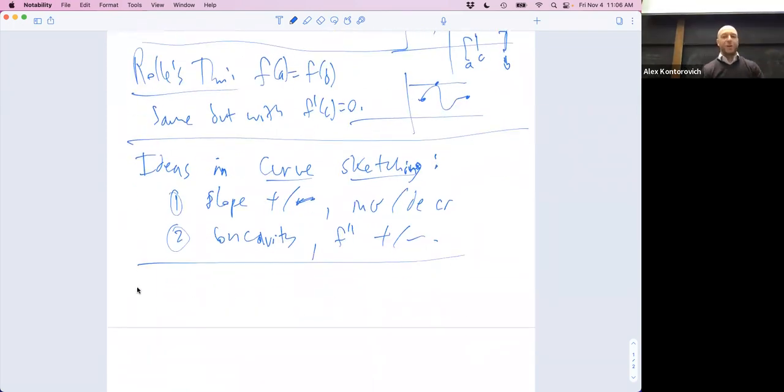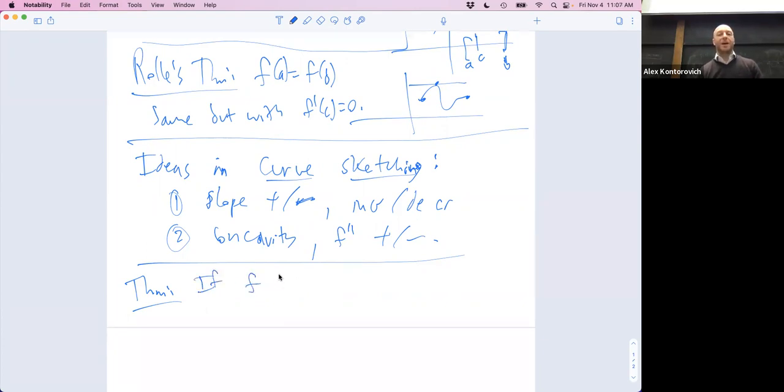First, let's just prove a theorem, which again, I think people find obvious. Some people call this the first derivative test for extrema. I'll explain in a second what I mean by that. So here's a theorem.